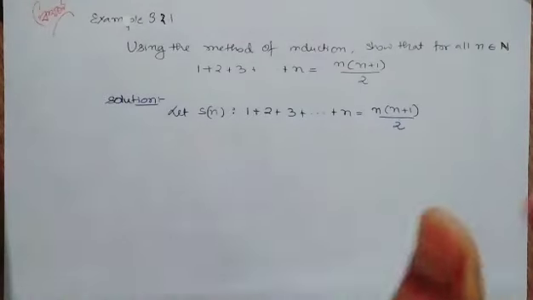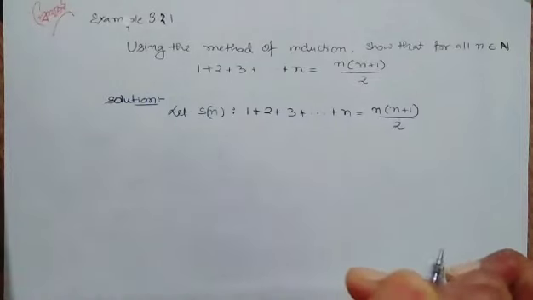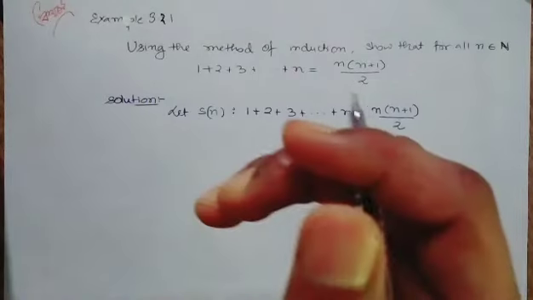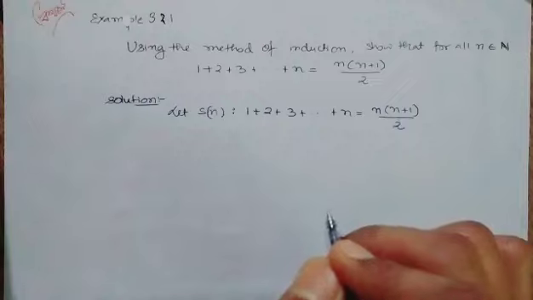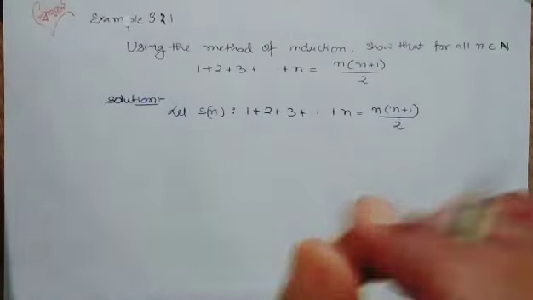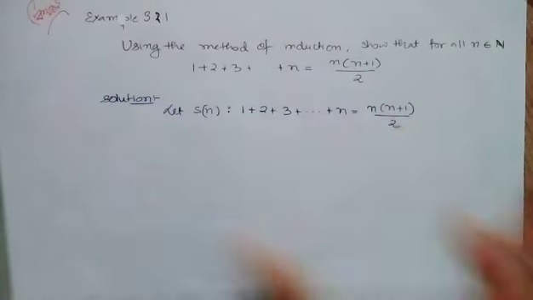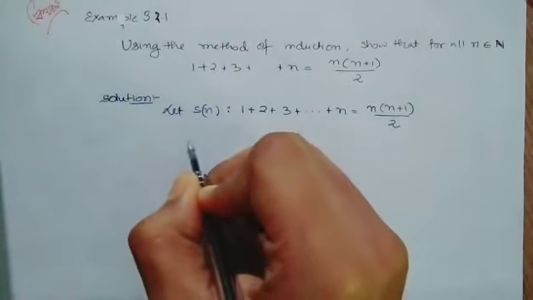Then we need to prove that this statement is true for n is equal to k plus 1. And if we can prove that, then this formula is true for all natural numbers. So let's begin.